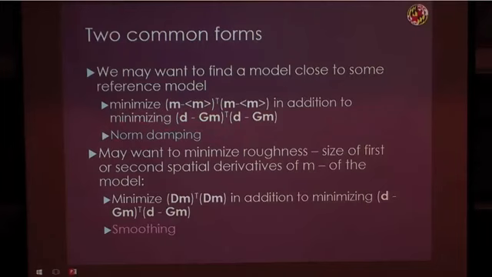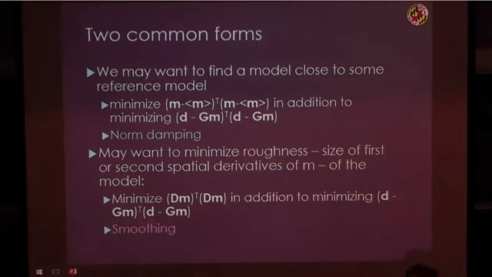Sometimes you don't want to do that. Sometimes you want your model parameters to be able to go very far from your starting guess. In that case, you might do something different. You might introduce what's called smoothing, because what it does is minimize the roughness. In other words, it minimizes the size of the first derivative of the model parameters, or the second derivative.